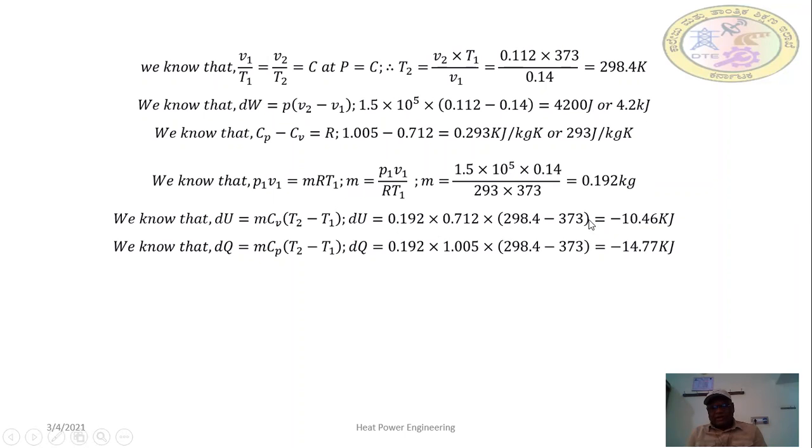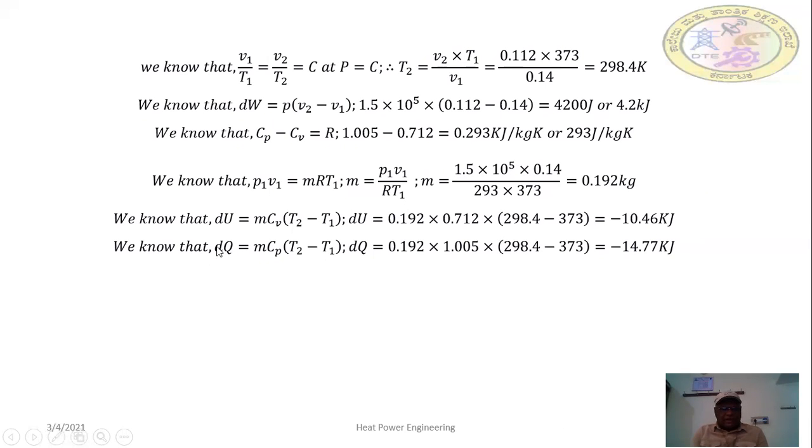After substituting the values to this equation, you're getting the change in internal energy of the gas equal to minus 10.46 kilojoules. That means what? The system itself has given away the energy stored in it to do the external work. See, that is what is given by the minus value.